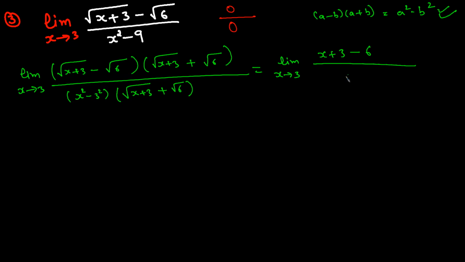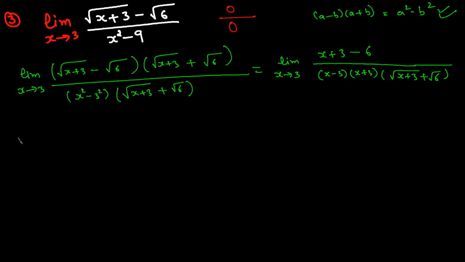We are using this identity again and again. And in the denominator, we're going to write the same term. So x squared minus 3 squared can be written as (x minus 3)(x plus 3), into root of x plus 3 plus root of 6.